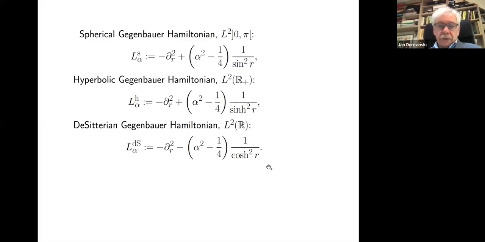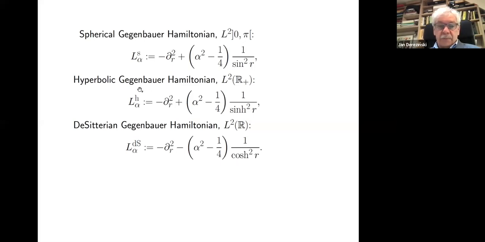After the application of this Liouville transformation, you get three kinds of Schrödinger operators. We call them spherical Gegenbauer, which has the potential 1 over sine squared. To get a good theory to compute the Green functions, one can consider it on the interval 0 to pi.